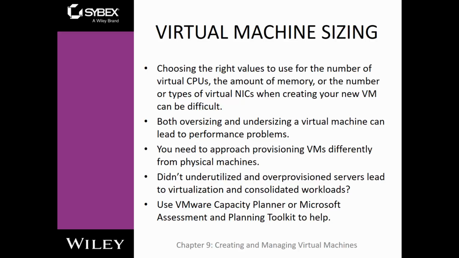Oversizing and undersizing does lead to performance issues. You can balloon, meaning you can actually issue more resources than what you have physically available. In our lab environment, we have 32 gigs of memory in our physical PCs.